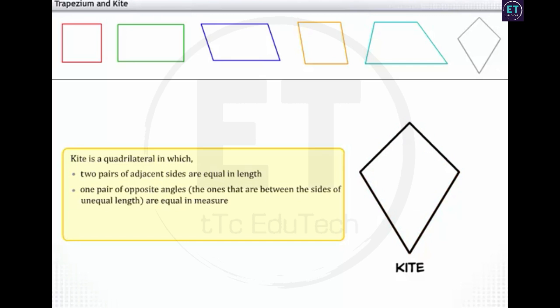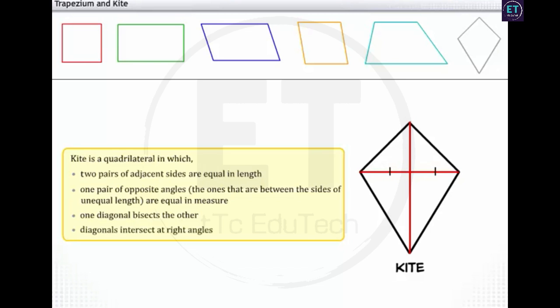And one pair of opposite angles, the ones that are between the sides of unequal length, are equal in measure. Also, one diagonal bisects the other. And diagonals intersect at right angles.